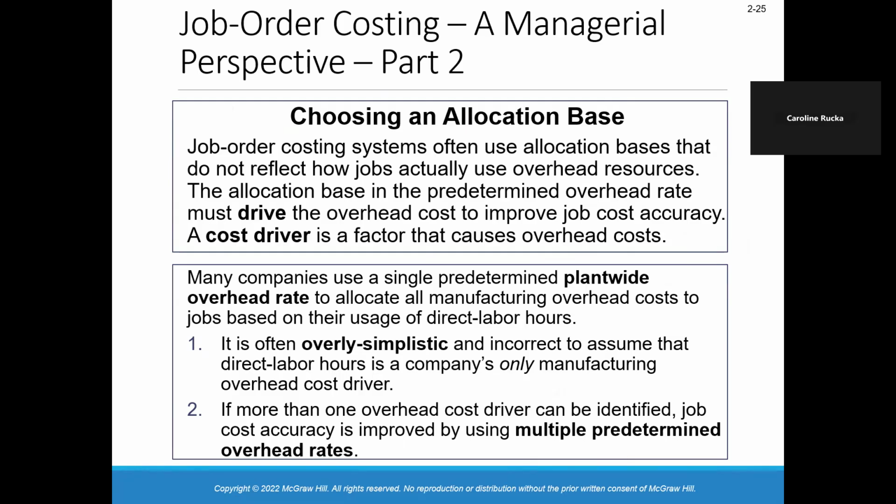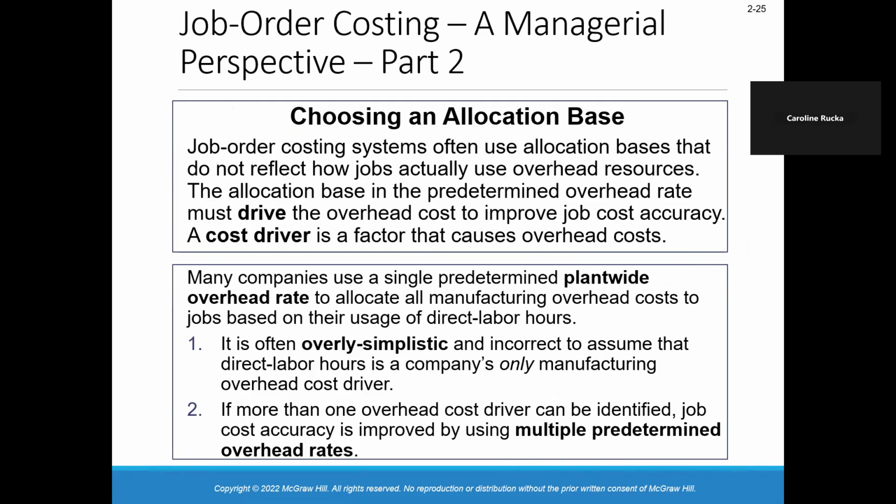So a lot of times companies will use one predetermined overhead rate for all manufacturing overhead costs, no matter what they are. This is a super simple way, and in very simple businesses, it might be effective enough to get the job done.